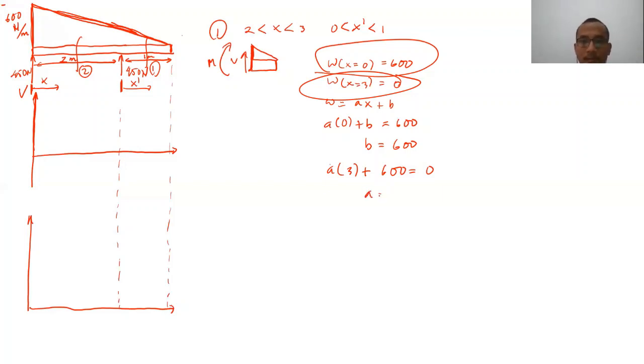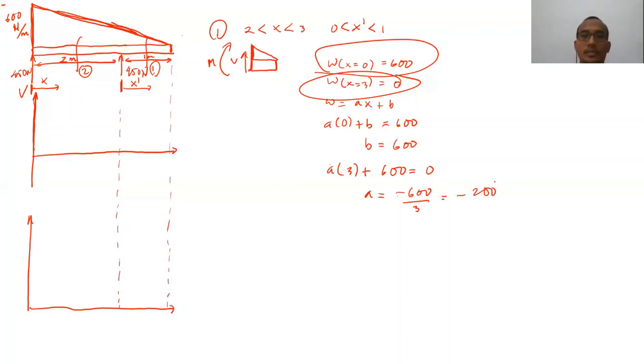So our A value will be minus 600 divided by 3. In this case, minus 200.